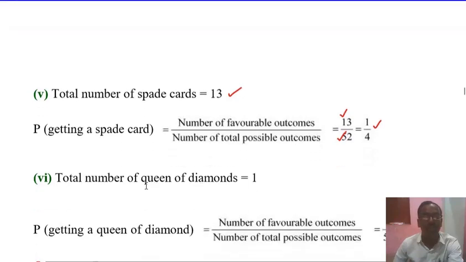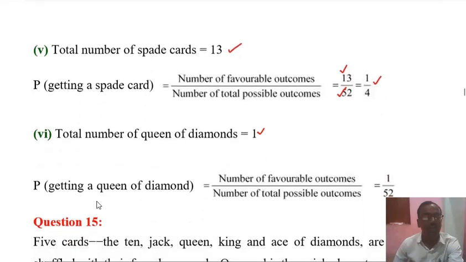The total number of queen of diamonds is 1, and so the probability of getting a queen of diamonds equals the number of favorable outcomes, which is 1, over the number of total possible outcomes, 52. So these are the solutions of question number 14.